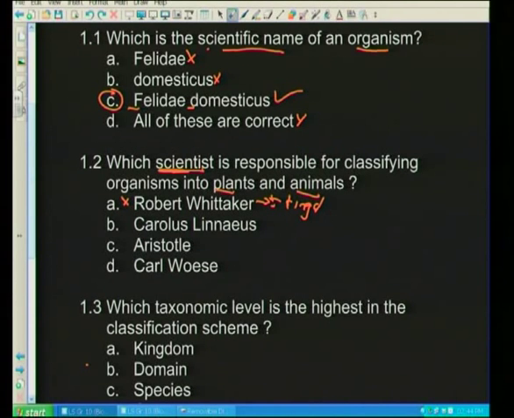Then we know that Carolus Linnaeus brought about the binomial system. And Carl Woese was the microbiologist who divided Monera into your 3 domains, which leaves us with Aristotle being the father of classification, and he is the person who divided the organisms into plants and animals. So the scientist that classified organisms into plants and animals was actually Aristotle.